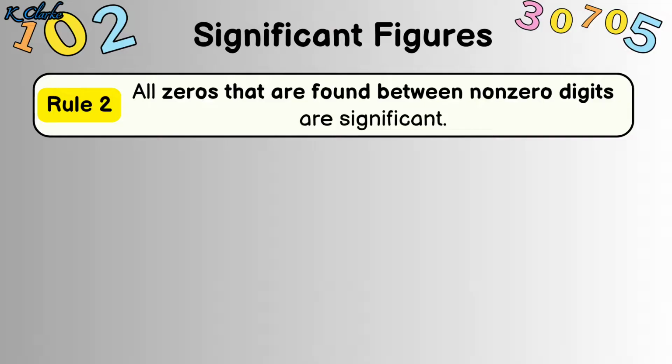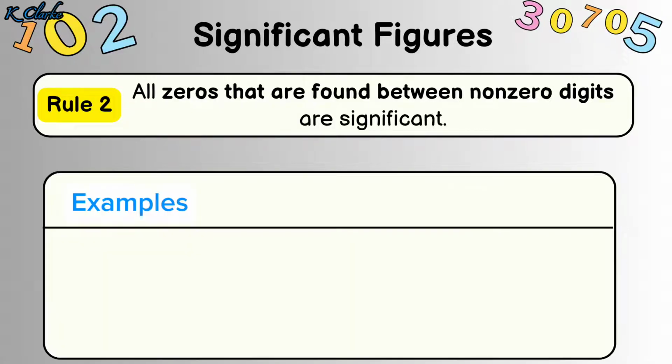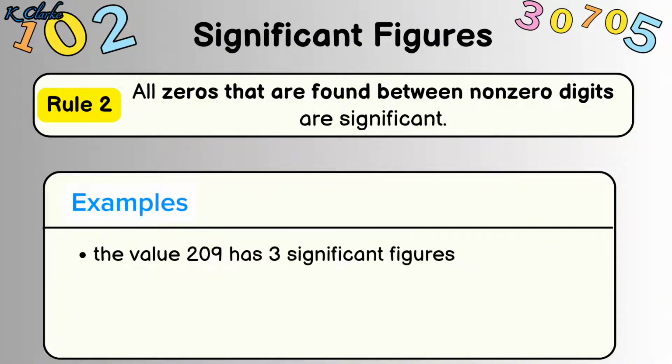Rule 2. All zeros that are found between non-zero digits are significant. Examples: the value 209 has 3 significant figures.